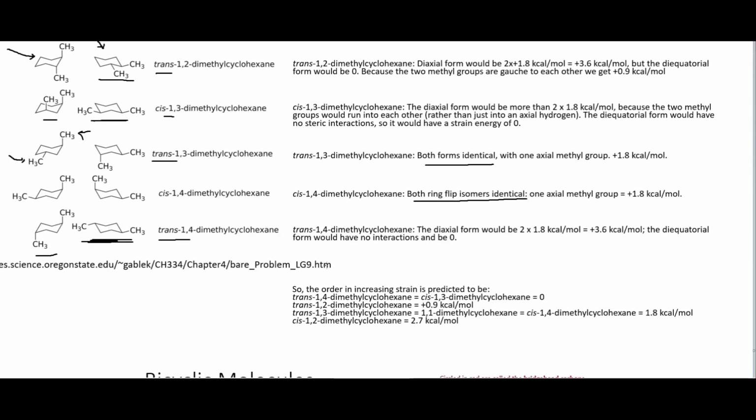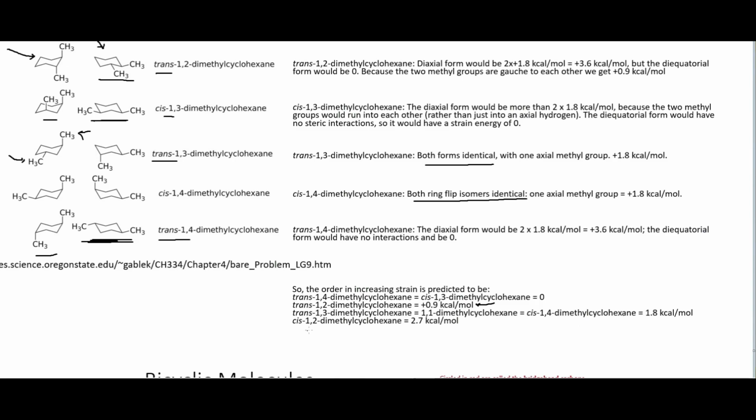So the order of increasing strain is predicted to be, so the trans 1,4 dimethyl cyclohexane is equal to the cis 1,3 dimethyl cyclohexane. The trans 1,2 is going to have this plus 0.9 kilocalorie per mole. Then the trans 1,3 is going to be equal to the 1,1 dimethyl cyclohexane, which is going to be equal to the cis 1,4 dimethyl cyclohexane.